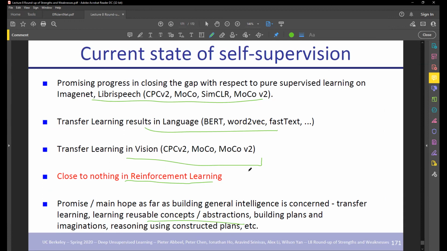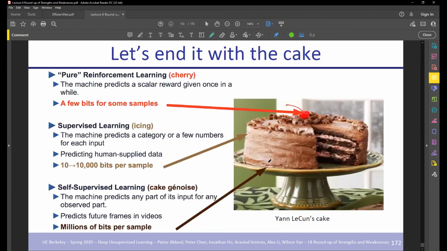So I think we end back where we started, which is to say, we really need to address this self-supervised learning situation.